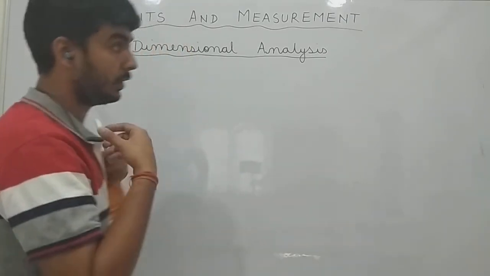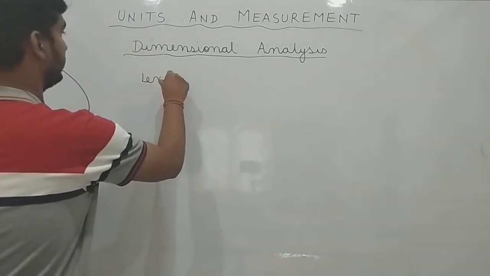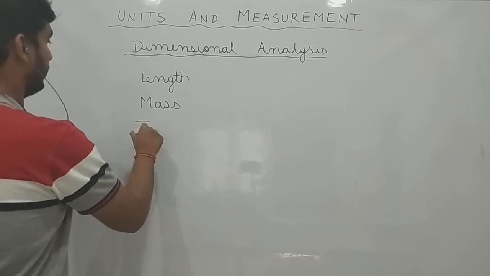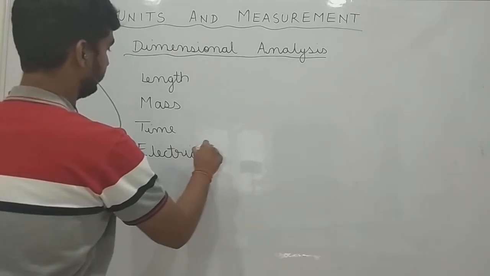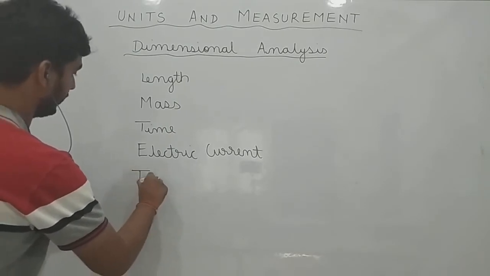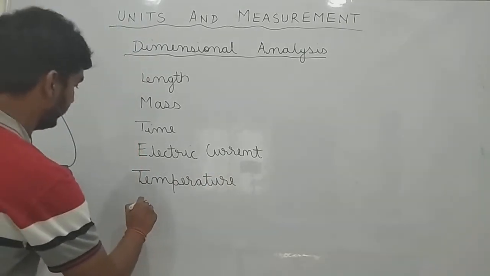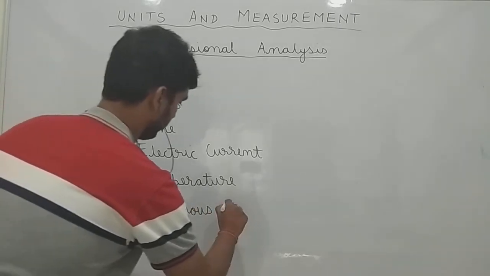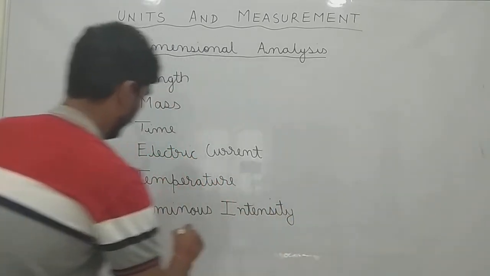So the 7 fundamental quantities which we have seen were length, mass, time, electric current, thermodynamic temperature, then luminous intensity, and amount of substance.